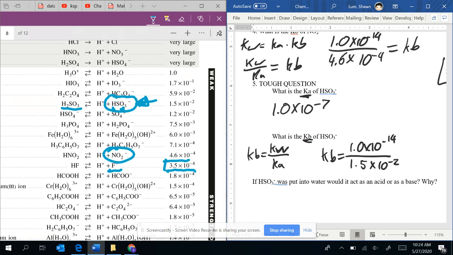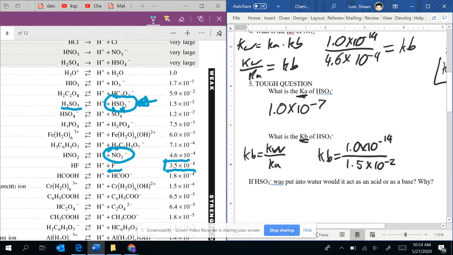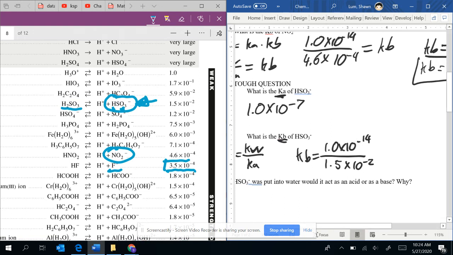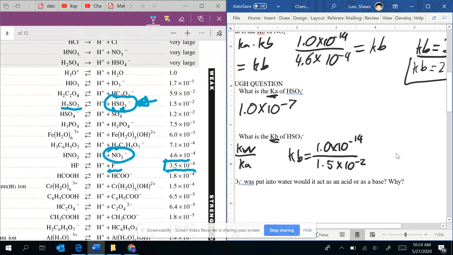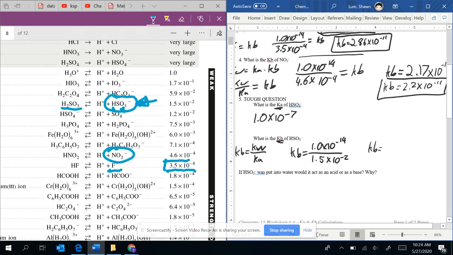So this is where the big mistake happens when people are trying to find the Kb's of these amphiprotic acids. So I type in Kb, 1 times 10 to the negative 14 divided by 1.5 times 10 to the negative 2 equals, and I get Kb equals 6.6666, or in other words, we'll just say 67.